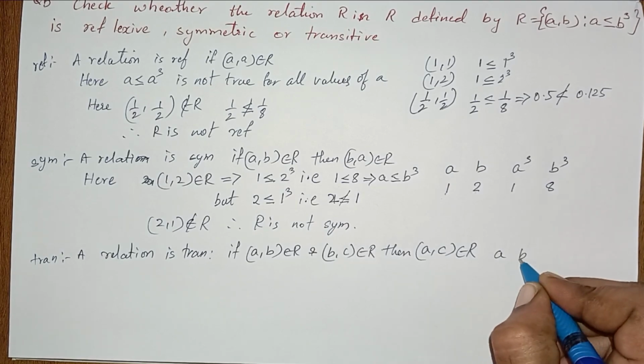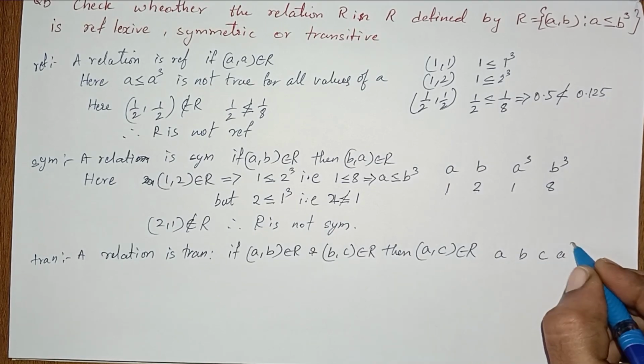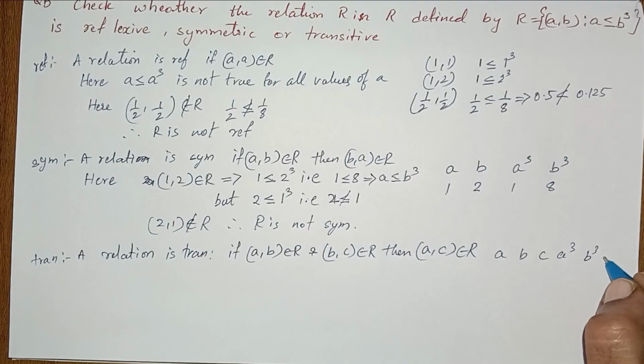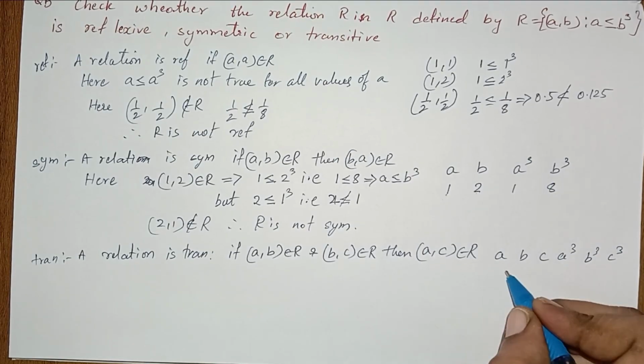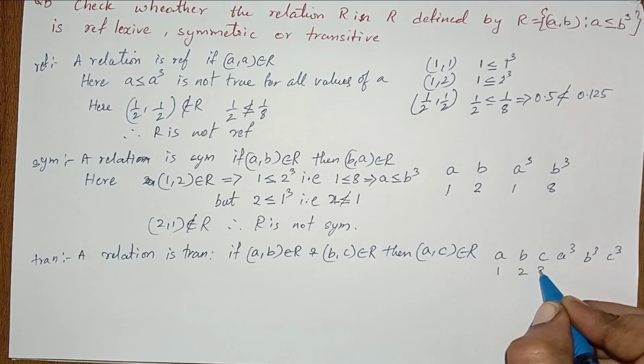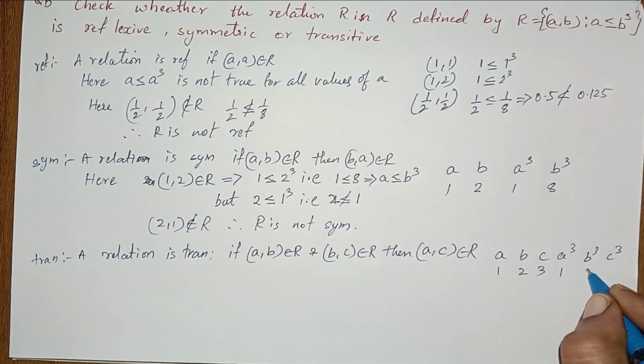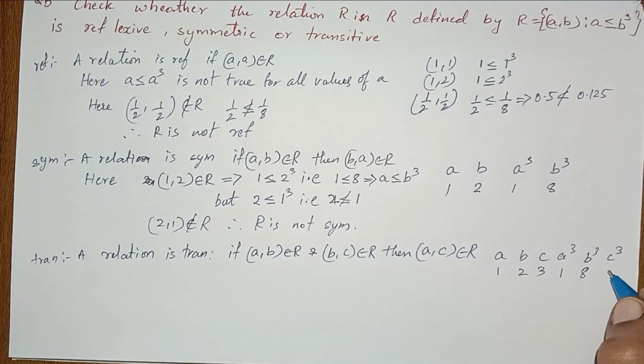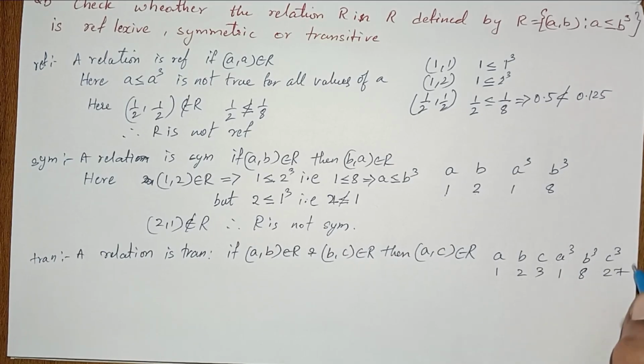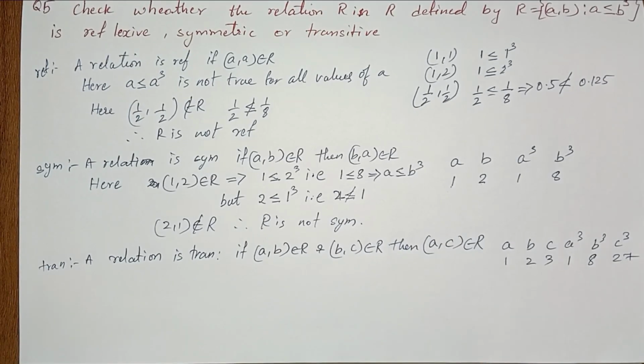We are taking a, b, c, that is a cube, b cube and c cube. First we'll take 1, 2 and 3. So 1 cube is 1, 2 cube is 8 and 3 cube is 27.